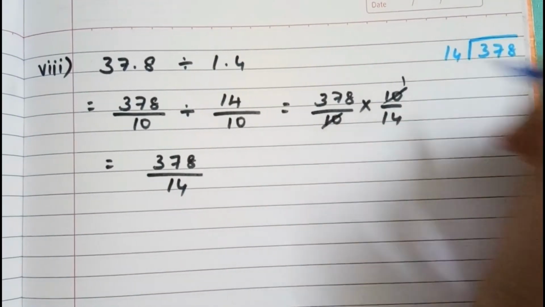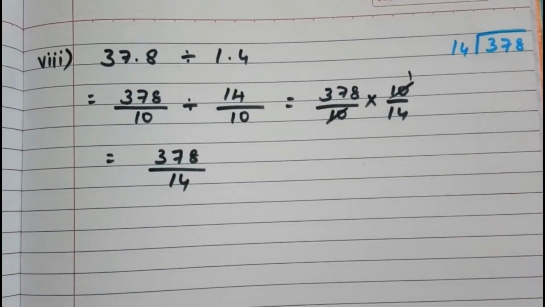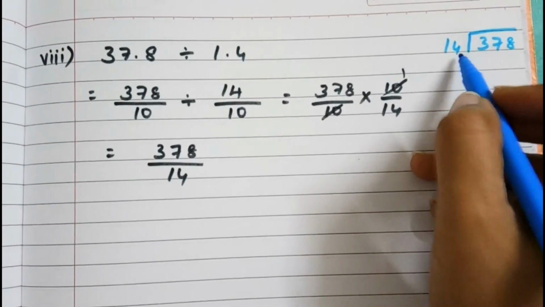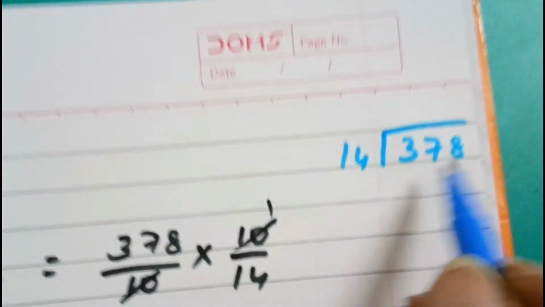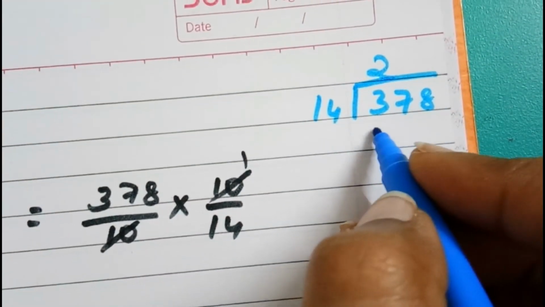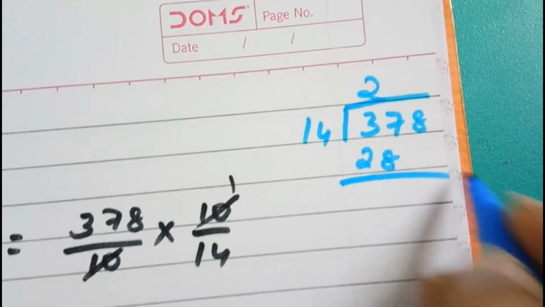Now let's calculate how many times 14 will go in 378. 378 divided by 14. Let's take 37 first. 14 twos are 28. 14 threes will go to a higher number, so 14 twos are 28.